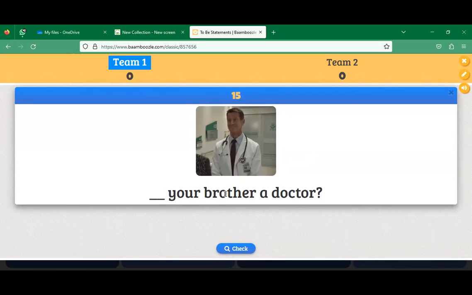Your brother. Is or are. Is the possessive right? We are working with the verb to be. Is or are. Is. Okay, is your brother a doctor? Excellent.